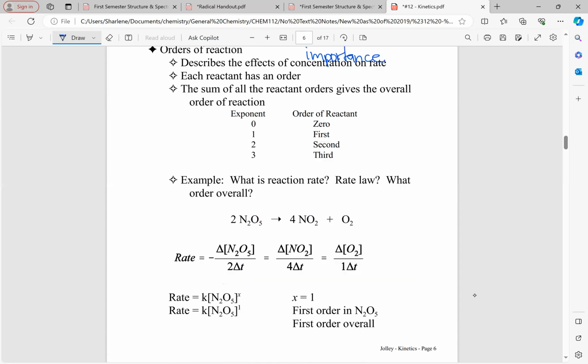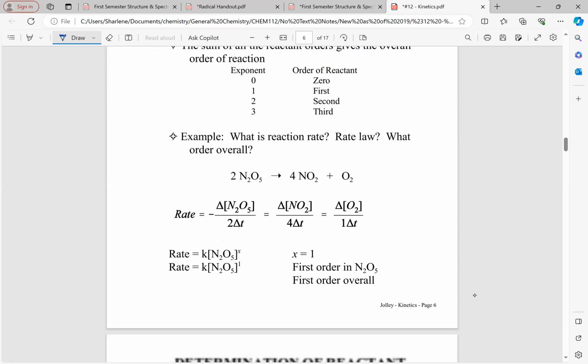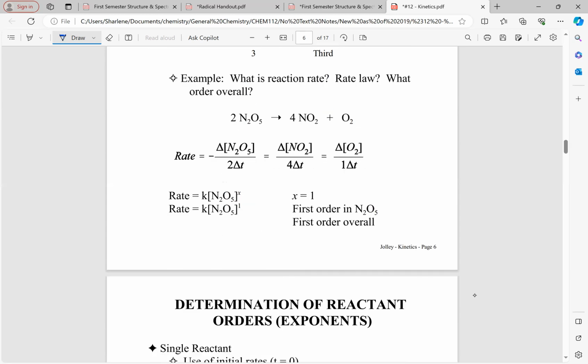Let's go back to our equation here. This is the rate of reaction equation. Why would we use it? If we want to relate all the species together. This is the generic rate law. Notice it has a k and it has an x. This is given now.